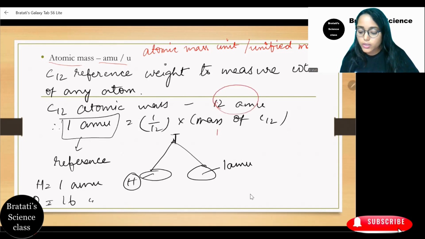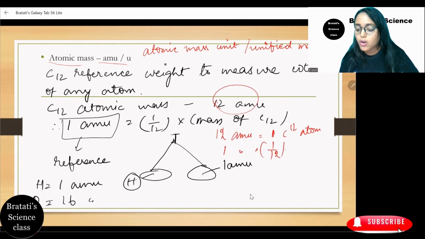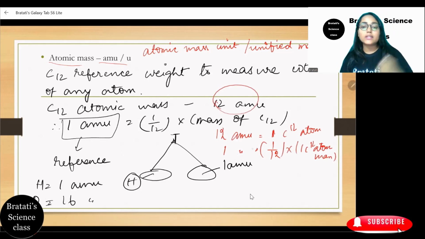So if 12 AMU is the atomic mass of one carbon 12 atom, then 1 AMU will be 1 by 12 of one C12 atom mass, and this 1 AMU is the relative measure.